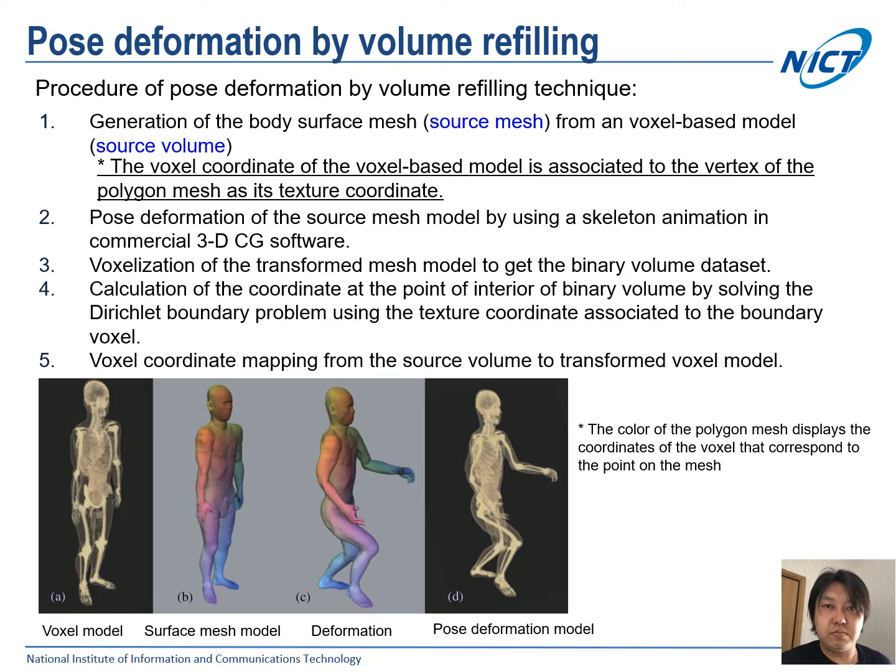The coordinate at each interior point of the binary volume is calculated by solving the Dirichlet boundary problem using the texture coordinate associated to the boundary voxels. Finally, the voxel coordinate in the source volume is mapped to the transformed voxel model. So, this method does not care about the internal structure for deforming the model's pose and only carefully deforms the shape of the body surface of the model.